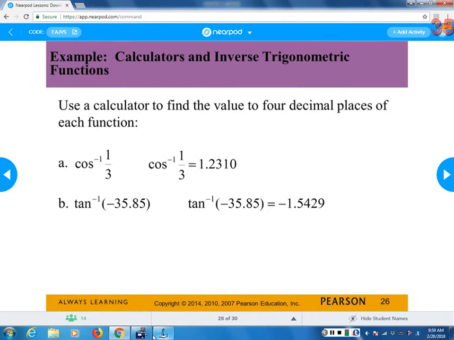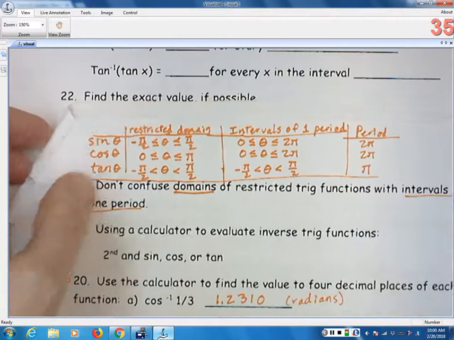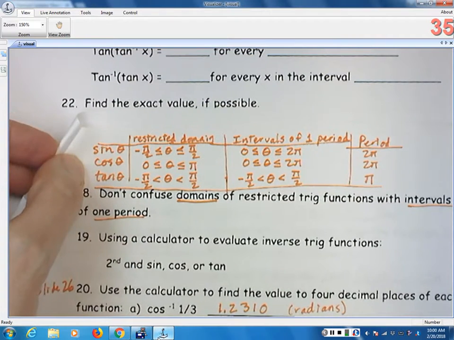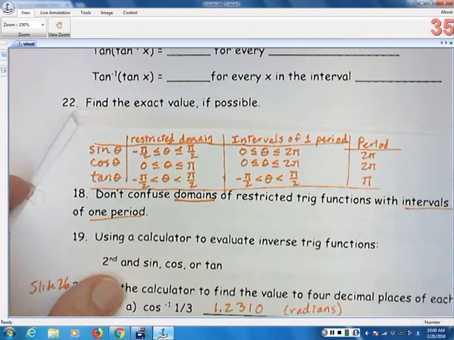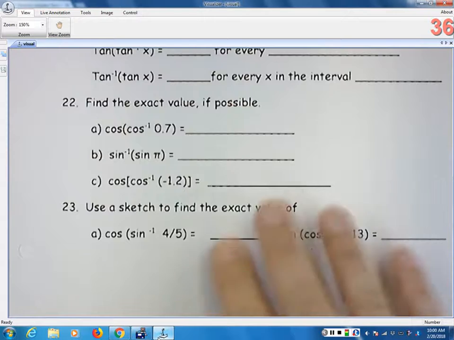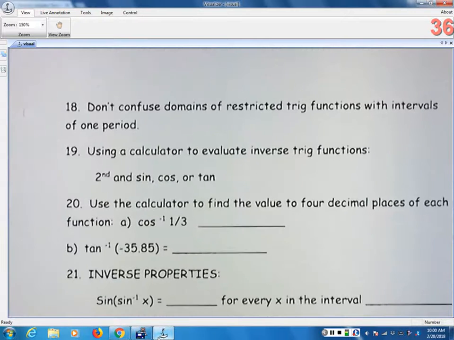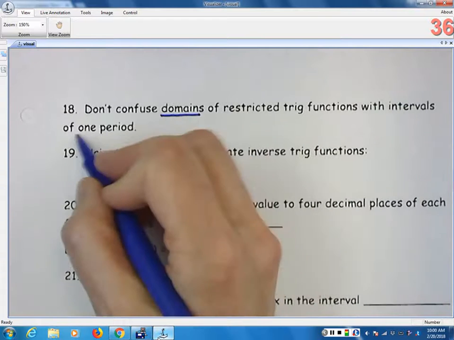And we're going to use a calculator to find things. Are you copying that, or you got it? You got it on the filled-in notes. The filled-in notes that I posted have this right above 18. So they're copying it right now. Let's go on. Don't confuse your domains with the intervals of one period.